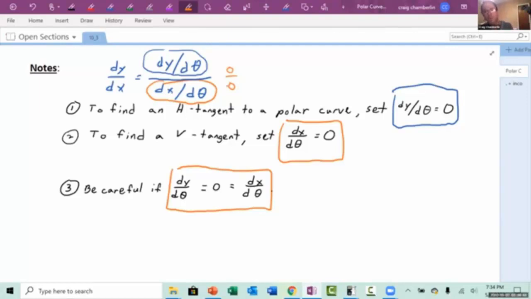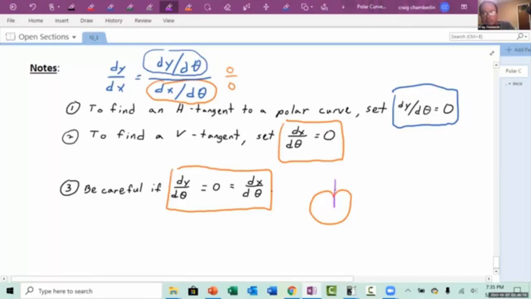Well, what kind of curves will you have to worry about that with? Well, remember the cardioids? They look something like perhaps like this. It's very symmetric, so it's a little bit off on this side, a little too high over there. But cardioids have a cusp, don't they? And the way I've drawn this one, it'll have a vertical tangent at that cusp.